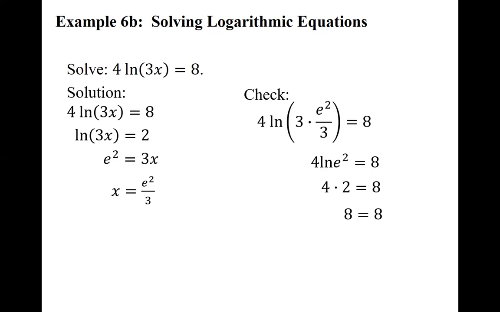I took the 4 up as an exponent and did the work from there. We can leave the 4 down and turn the 2 into a number. It all depends on when you want to cancel. Anyway, this checks. That is the answer. The solution is e squared over 3.